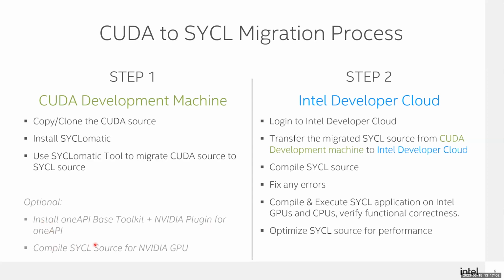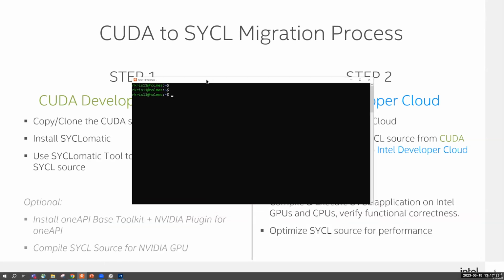And then you will be able to compile the SYCL code on the NVIDIA machine and then do a performance comparison, right? So let me show this demo, right? But if you do have access to a CUDA development machine, you can do it live as well, right? So let me bring up my terminal.